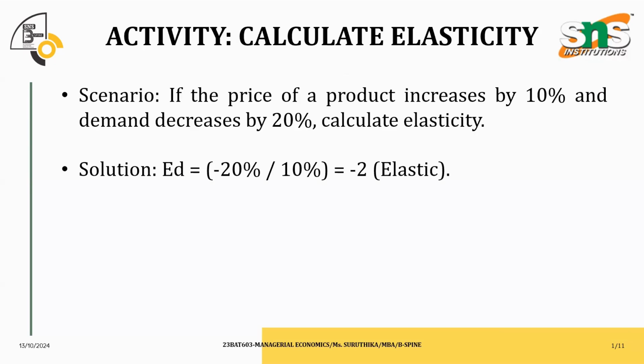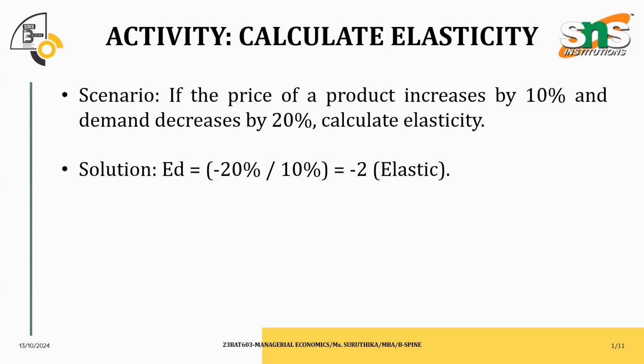So we'll go with a small activity. Calculate the elasticity here. If the price of a product increases by 10% and demand decreases by 20%, calculate elasticity. As discussed before, the formula for elasticity of demand is percentage change in demand divided by percentage change in price.